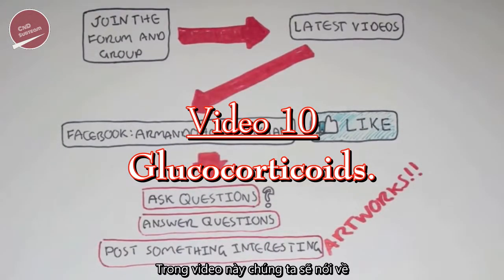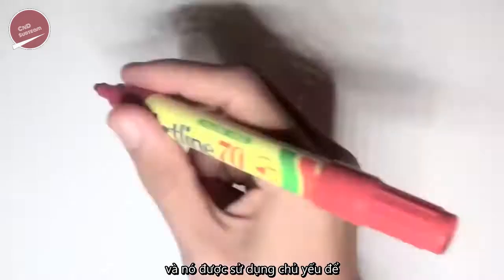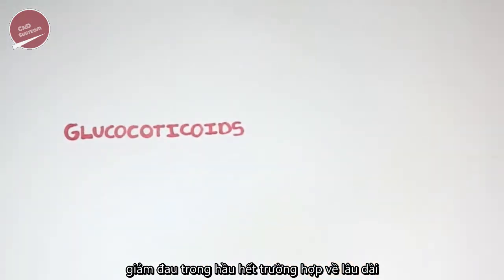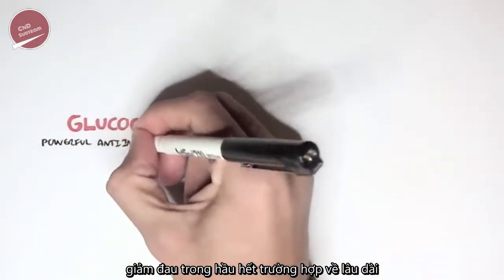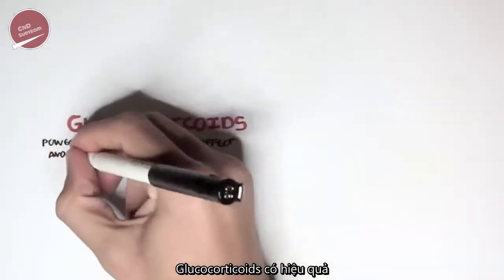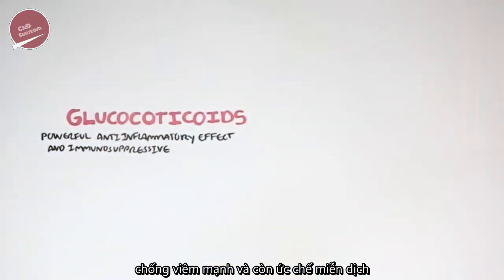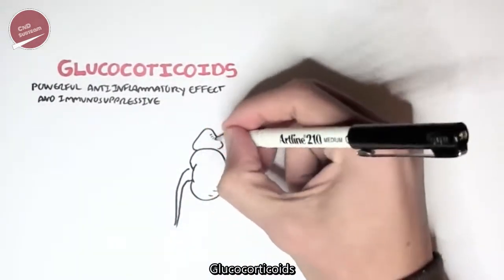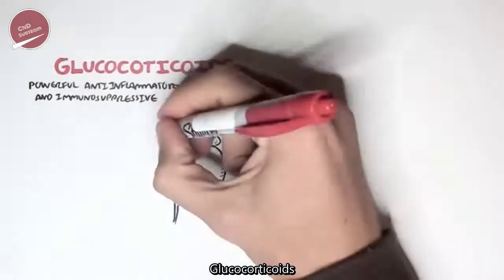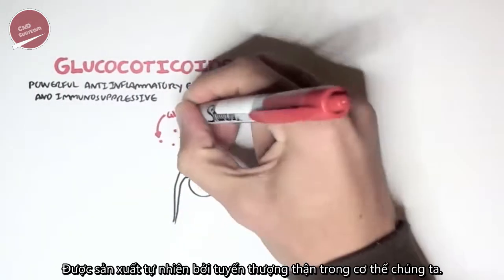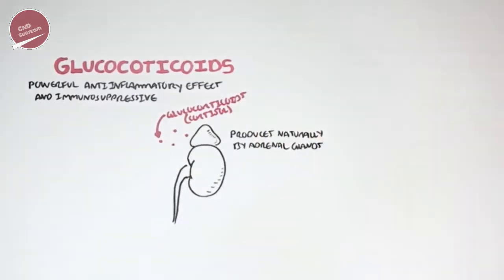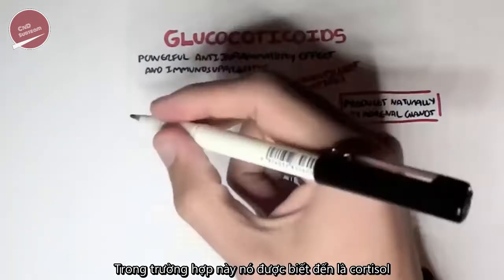In this video, we're going to talk about glucocorticoids, which are steroid hormones used mainly to relieve pain for most people in the long term. Glucocorticoids have powerful anti-inflammatory effects, but are also immunosuppressive. They are produced naturally by the adrenal glands in our body, where the hormone is known as cortisol.